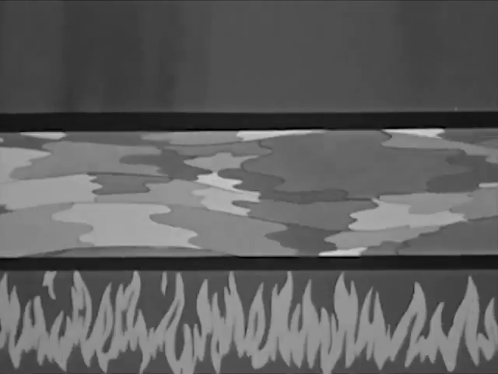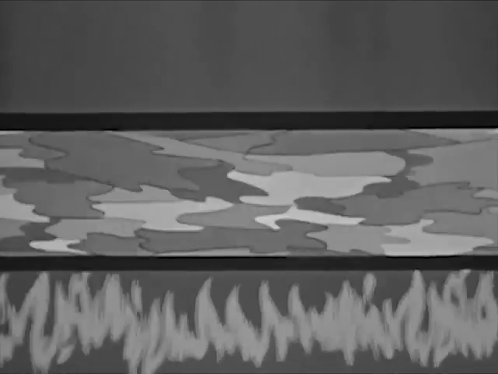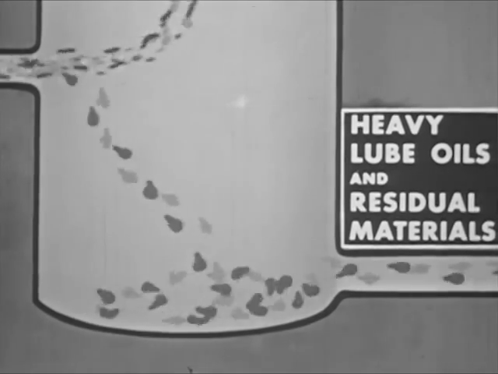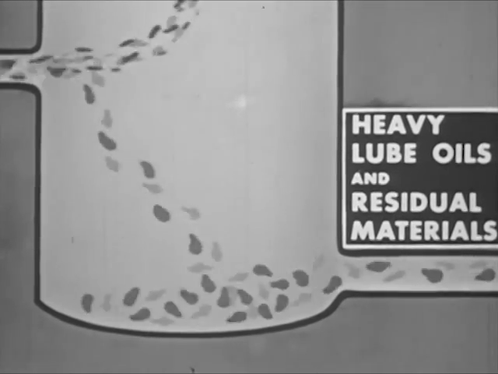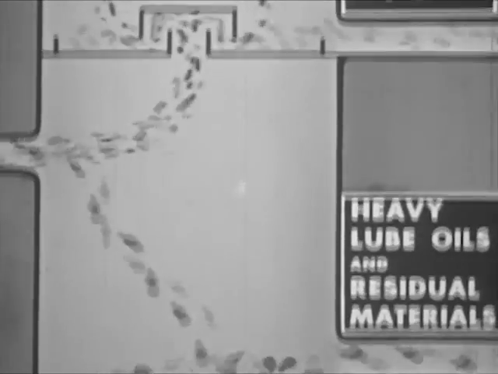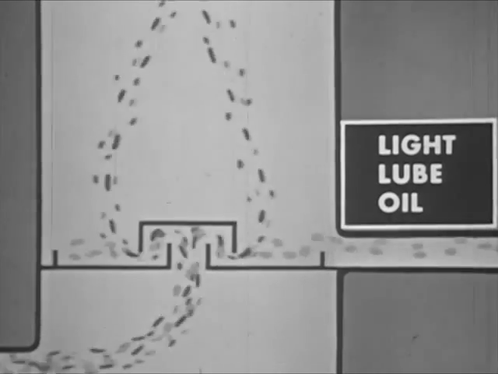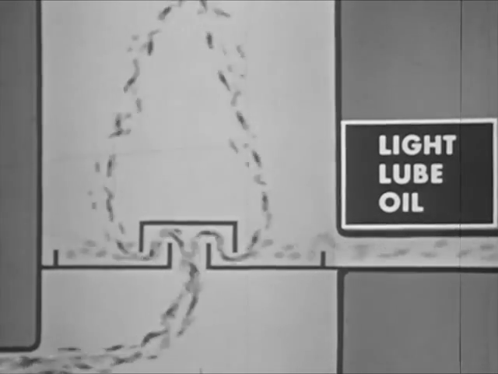Here we see the crude oil being heated. Most of it is vaporized. At the bottom of the bubble tower, unvaporized large molecules of heavy lube oil and residual materials are drawn off. At the second level, the light lube oil is condensed out of the vapor and withdrawn.